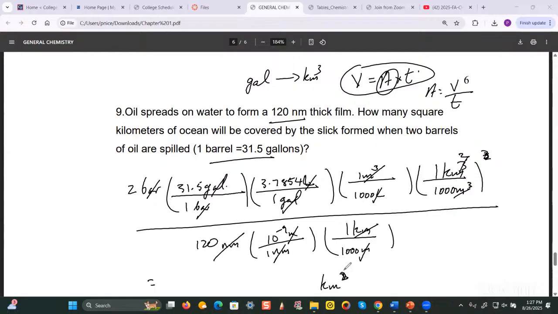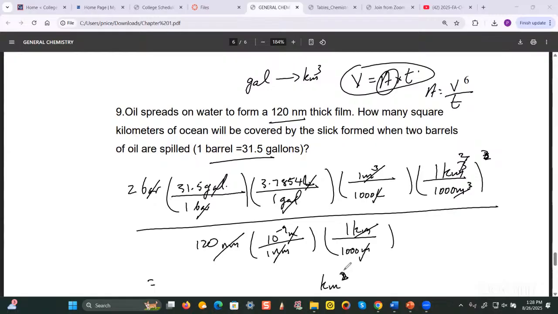And then I'm going to divide by 1,000 cubed. And then I'm going to divide that by 120 times 10 to the minus 9 divided by 1,000.